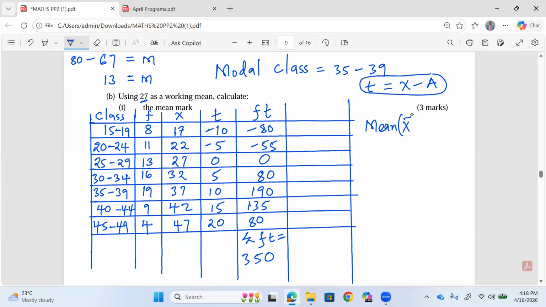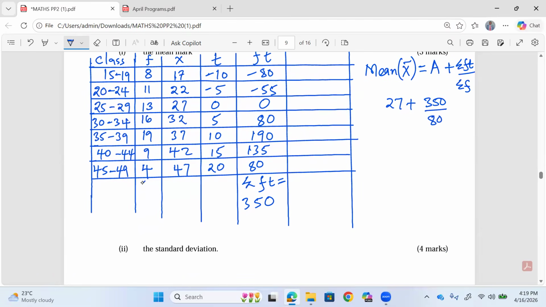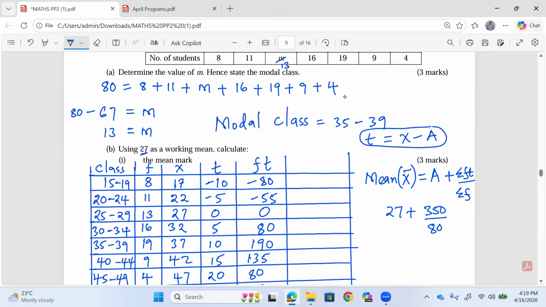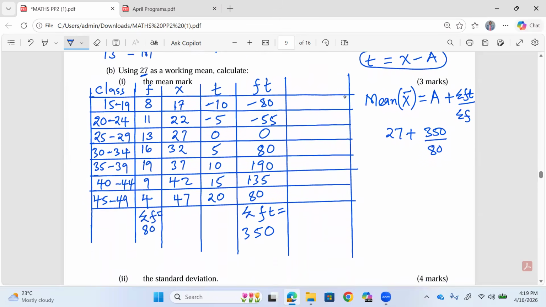So when we talk about mean now, the exact mean, the actual mean, is given by assumed mean plus the summation of ft out of summation of f. So we start with 27, our assumed mean, plus 350 out of 80. Summation of f is 80. We've already worked it out here. Everything added should give us 80.